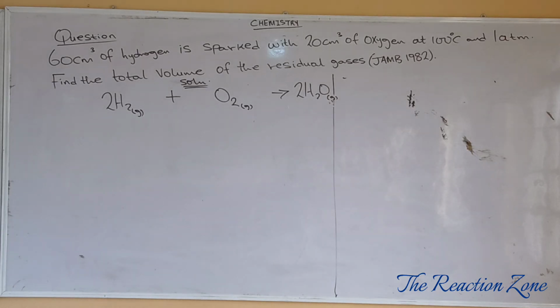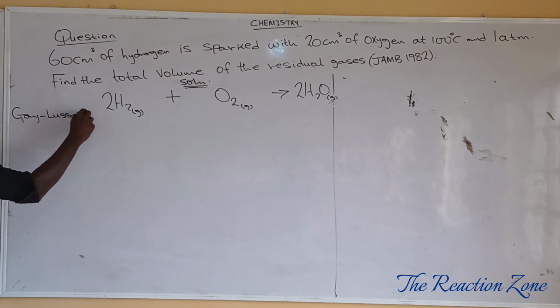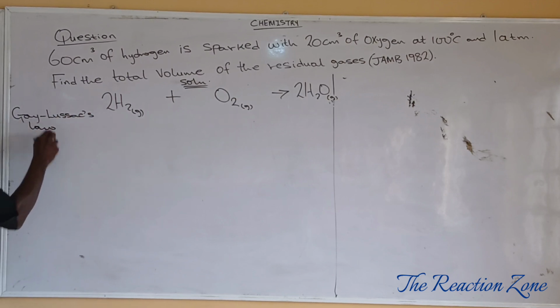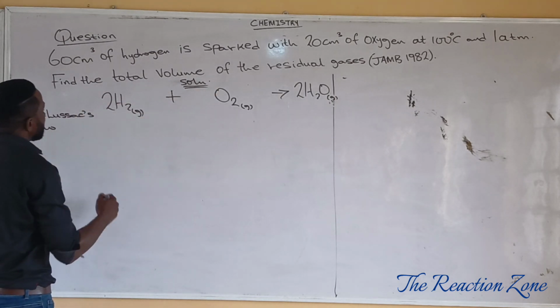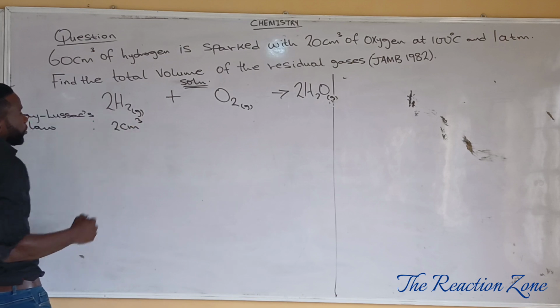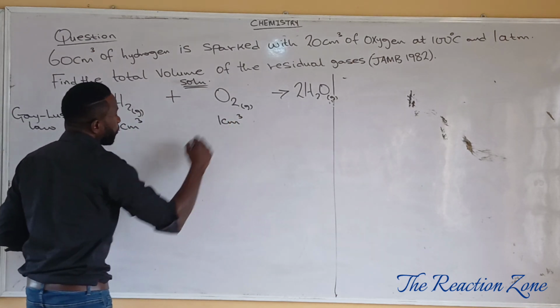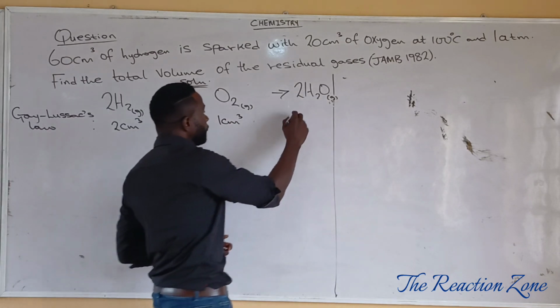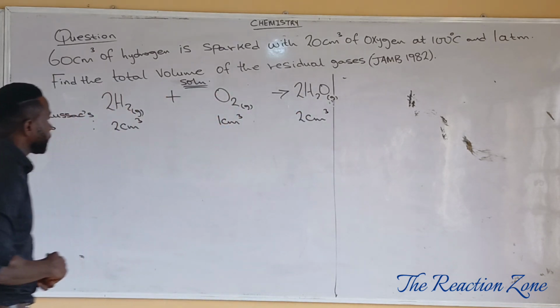Now, applying Gay-Lussac's law of combining volumes, this equation can be interpreted as 2 cm³ of hydrogen combines with 1 cm³ of oxygen to give 2 cm³ of steam.